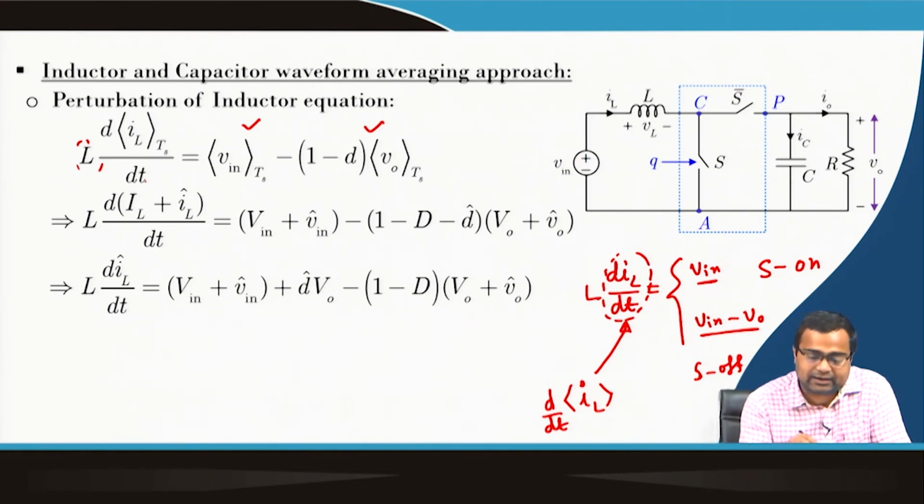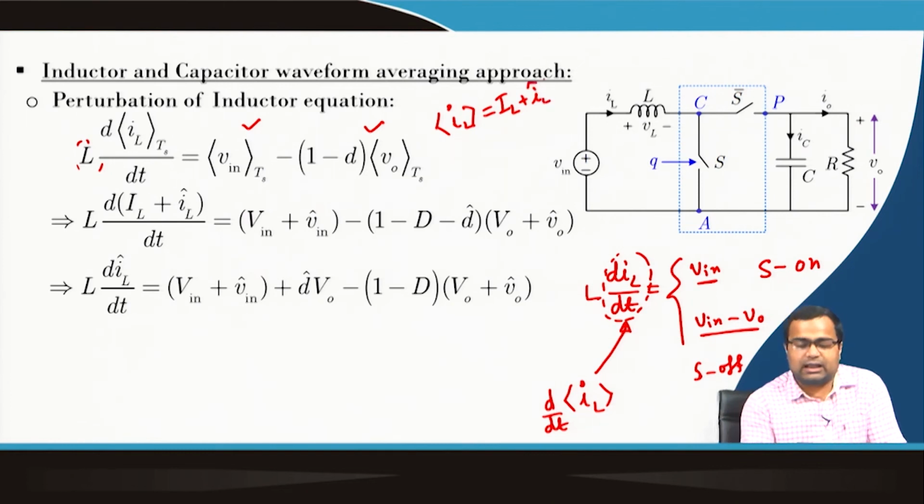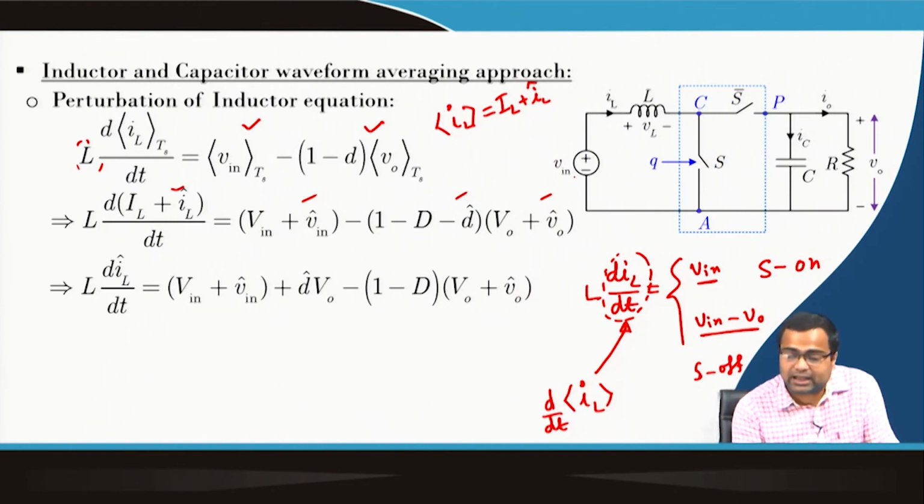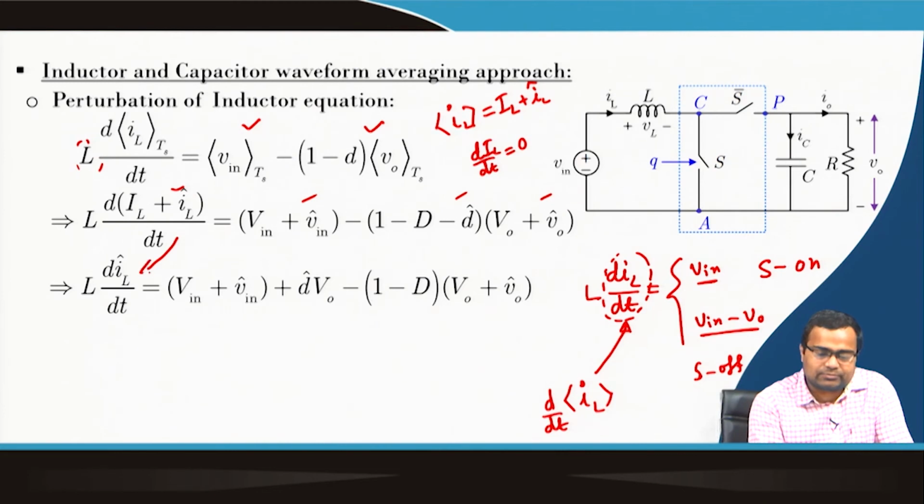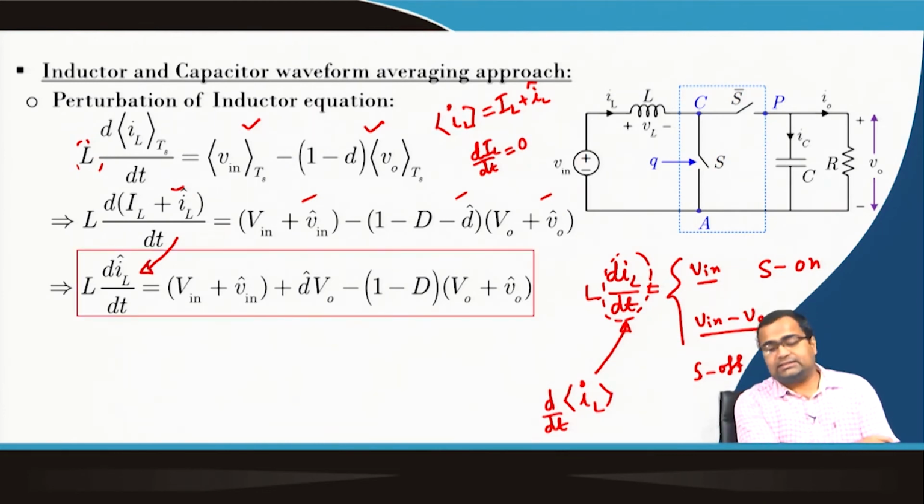Then, as we have already discussed, any quantity can be replaced by its steady state quantity plus a perturbation, and we did that for all the terms. We know that the derivative of a steady state quantity is equal to 0, which is why we got from this step to this step. This is one equation, which is part of the dynamics of the inductor current, derived using the average behavior of the boost converter over a periodic switching cycle T.